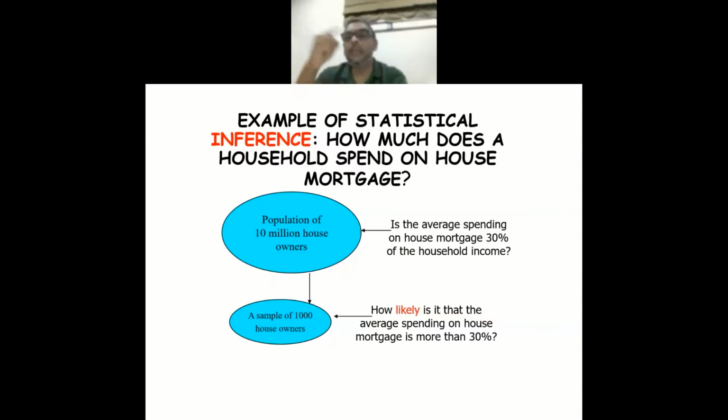Or let's say you are looking at the number of lawyers in Malaysia. From top to bottom, Sabah and Sarawak included, the number of lawyers is the population. The population takes in the whole, but the sample can be very small. Let's say we have about 50,000 lawyers.